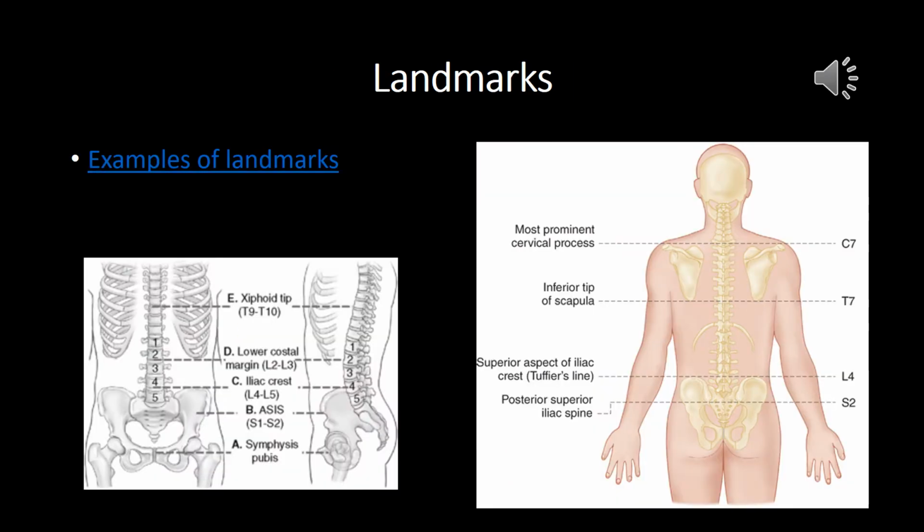We are going to be referencing important anatomic landmarks throughout the semester. Landmarks can be topical, seen or felt on the outside of the body, or located internally. As technologists, we use these landmarks to locate and identify structures. Knowing your landmarks is going to make you a better imaging technologist. So don't forget them and pay attention to them, because you will be using these quite frequently in any imaging modality.